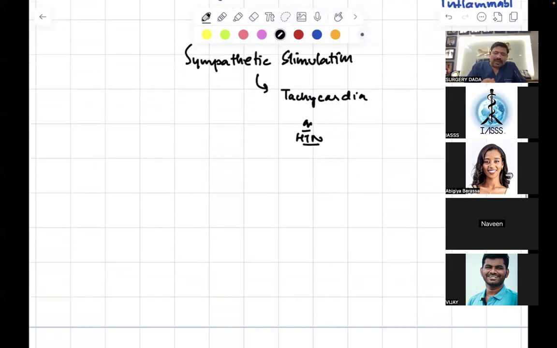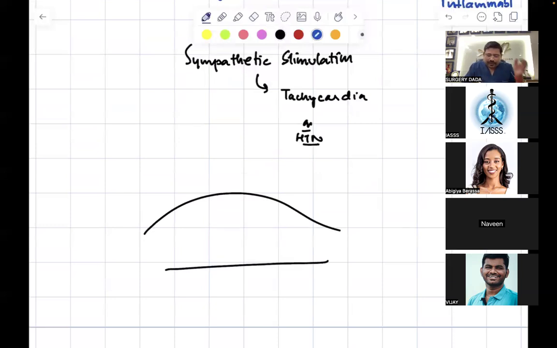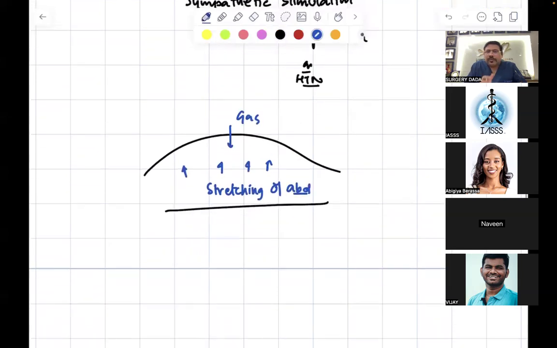Now, when we talk about CO2 or the pneumoperitoneum, let us try to understand. Suppose this is the patient. Whenever you insufflate, whenever the gas is going inside, there is an increase in the pressure. Yes or no? So there will be stretching of the abdomen, and there can be vagal stimulation.